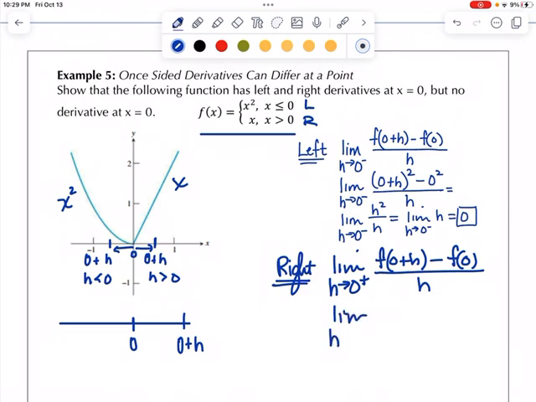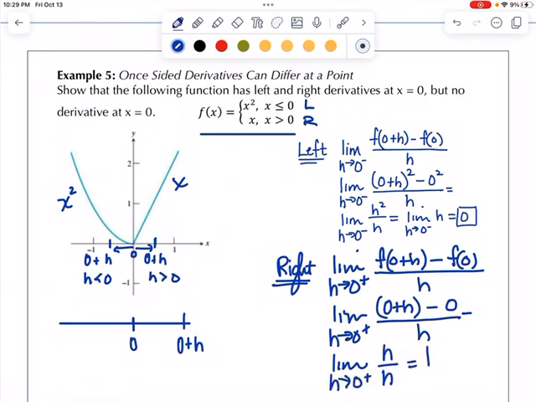So we have the limit as h approaches 0 from the right of 0 plus h, replacing x, minus 0, and then this is over h. So this turns out to be the limit as h approaches 0 from the right of h over h, which is the limit as h approaches 0 from the right of 1, which is, of course, 1.